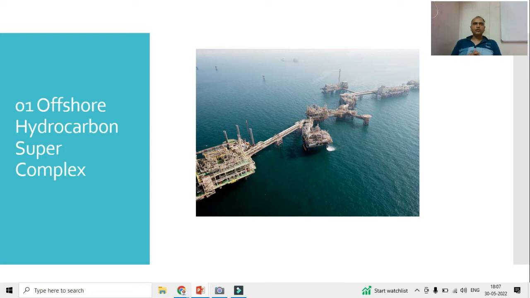So what these downstream companies do, they purchase the extracted hydrocarbons, be it crude oil or gas, from the upstream hydrocarbon producer company.